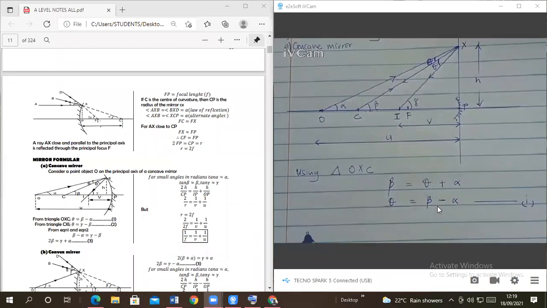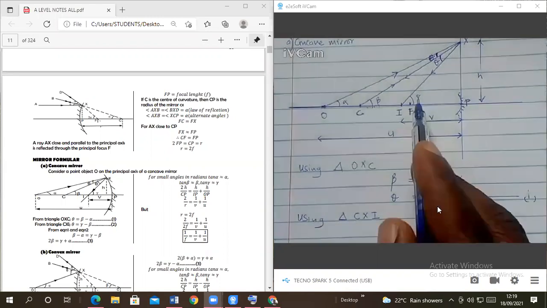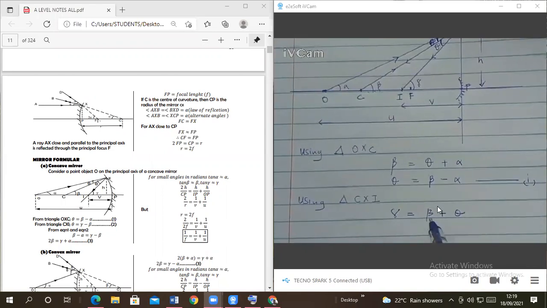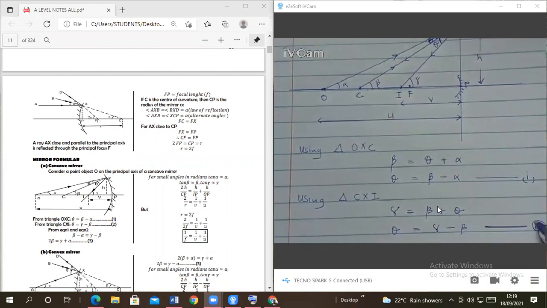So when you use triangle CXI, it means that gamma is equal to beta plus theta. Now if we want to make theta the subject here, then theta is equal to gamma minus beta. So this is our equation 2.